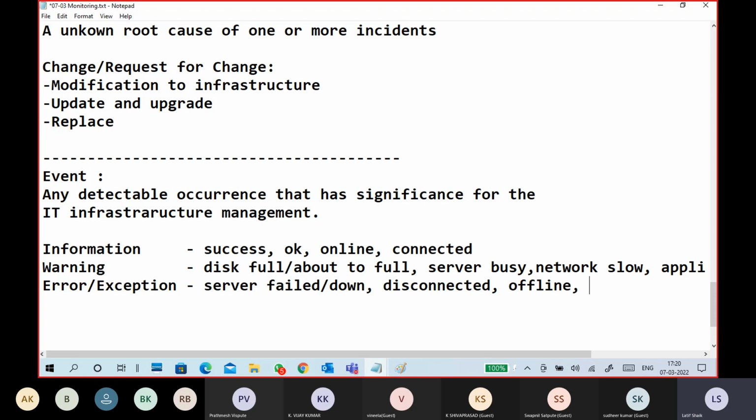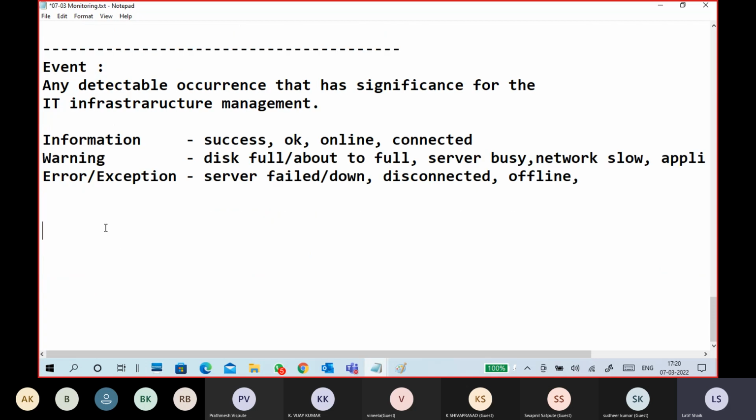Error: like an empty symbol, where the tank shows no volume, and when it goes to the empty part, you have to take action. No petrol, bike is not starting, there is some issue, that is called an error or an exception. There are a lot of different events also. You can go through that video I shared.